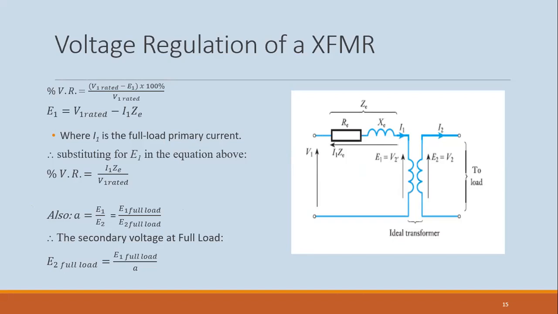So about 5%, right? The voltage regulation will be about 5%. So what will be done now is that we would have to raise the primary voltage by about 5% of its rated value to increase the secondary voltage to give you the 400 volts, right?